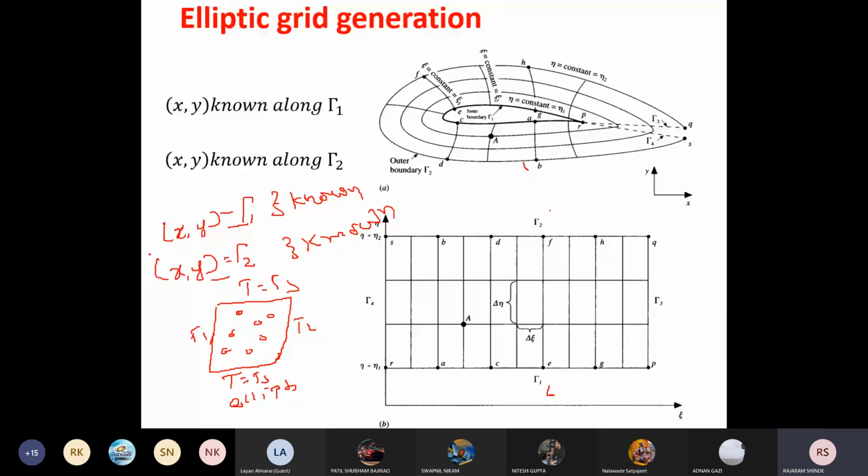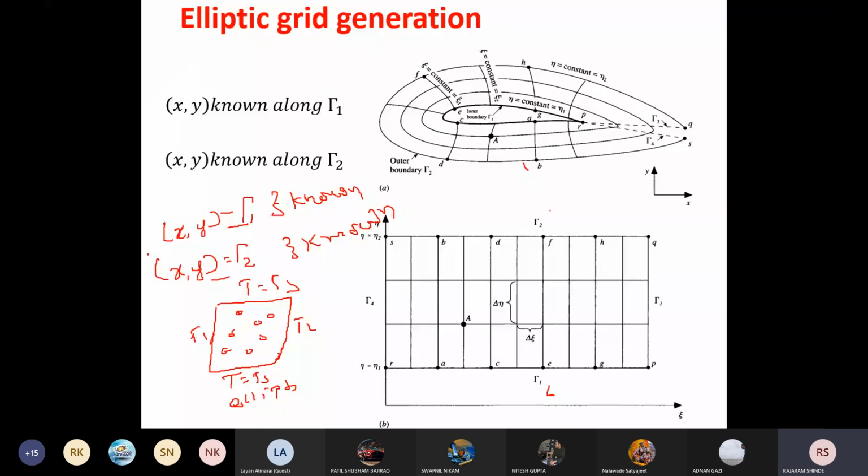This cut now produces two additional boundaries, PQ and SR, denoted by gamma 3 and gamma 4.